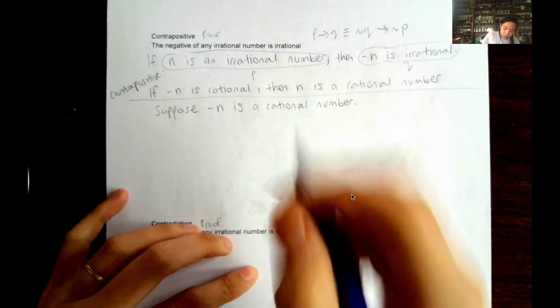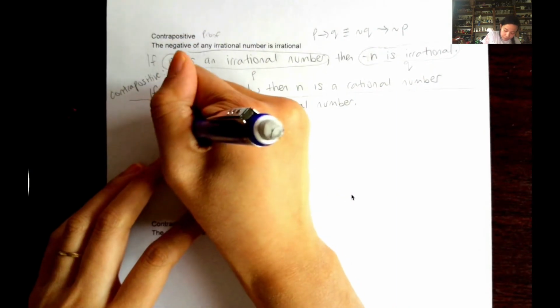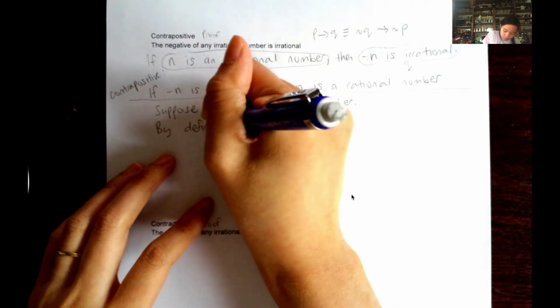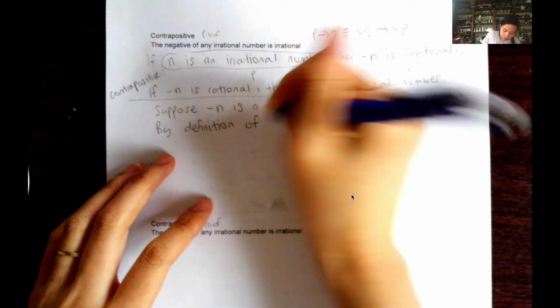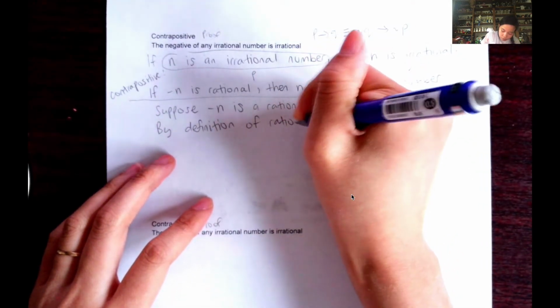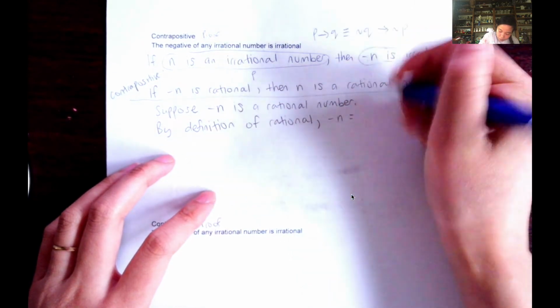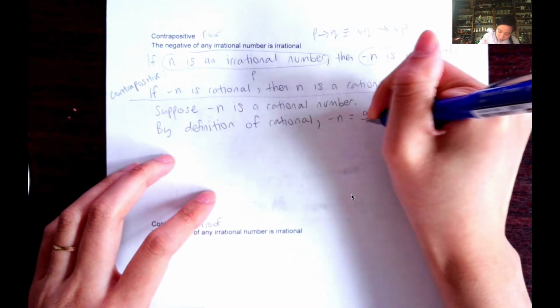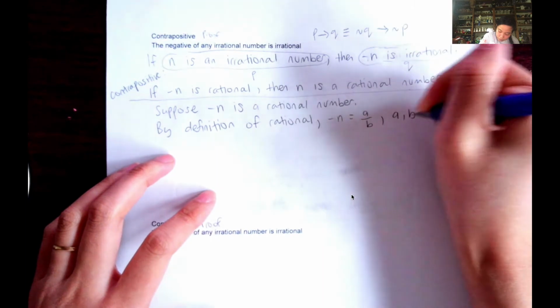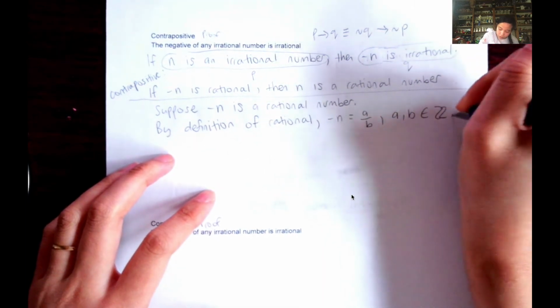So I could say, by definition of rational, negative n equals a over b, where a and b are elements of the set of integers.